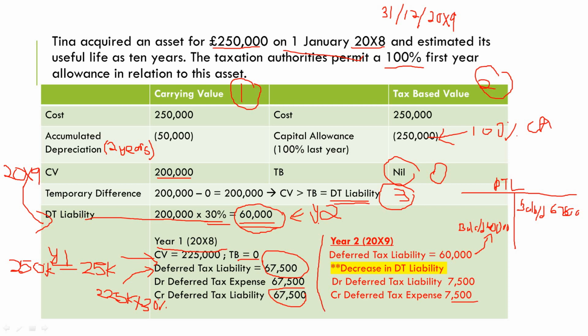So in the second year, this is what we have to do. There is a decrease in deferred tax liability. So you have to reverse the deferred tax liability that we have recognized from last year. Okay, so this is how you actually account for deferred tax liability.